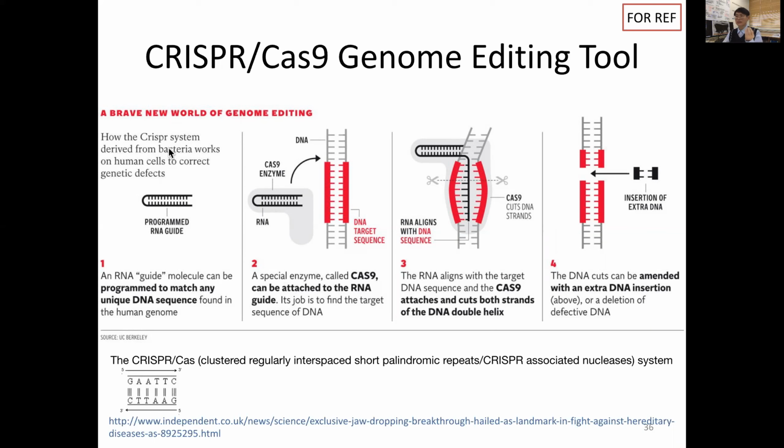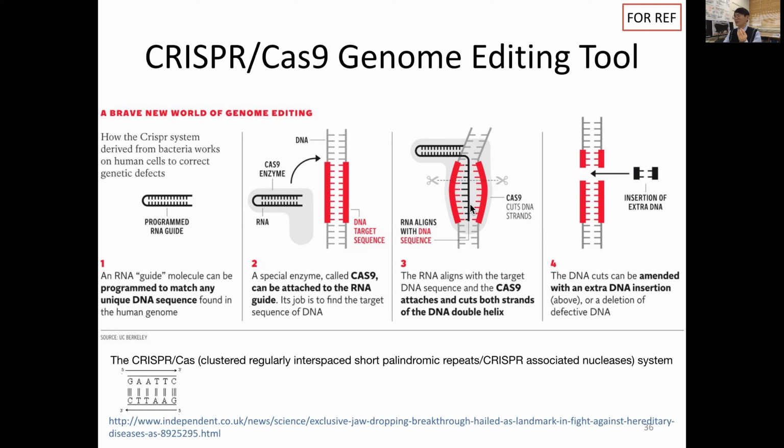So how does this CRISPR system, originally derived from bacteria, work to correct potential genetic defects in humans? An RNA guide molecule can be programmed to match any unique DNA sequence in the human genome. It is carried by a special enzyme, Cas9, which attaches to the RNA guide and finds the target DNA sequence.